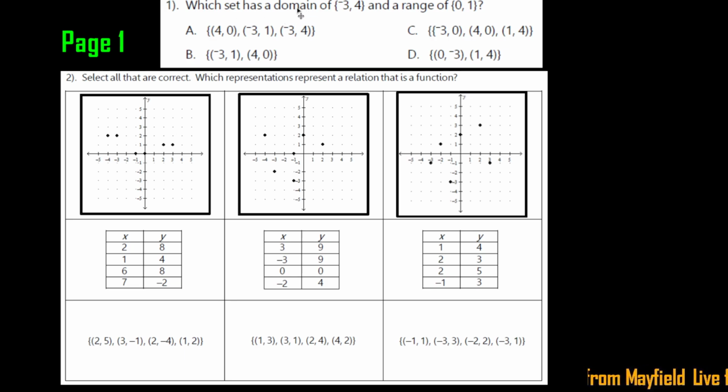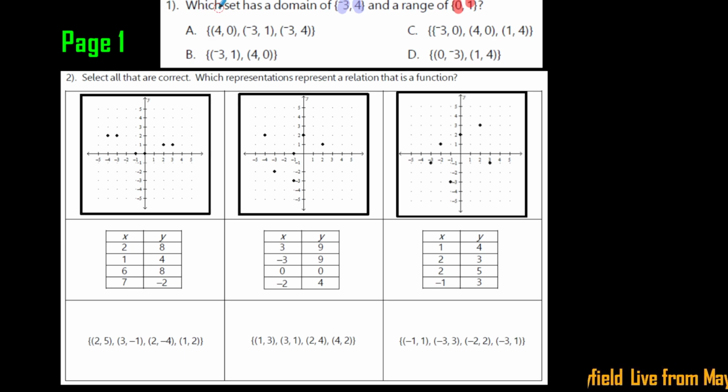Again, you want to make sure you're seeing the domain of a set of values is going to be our x values. When we're looking at our set of ordered pairs, we want to look for those x values first as our domain, and then the range is going to be our y values.